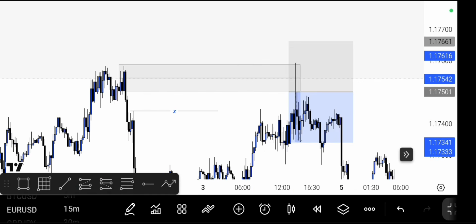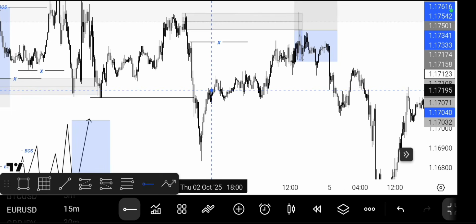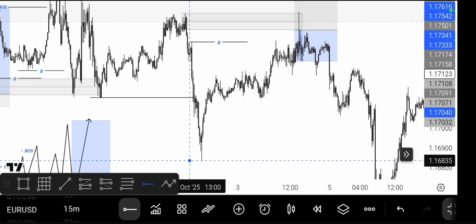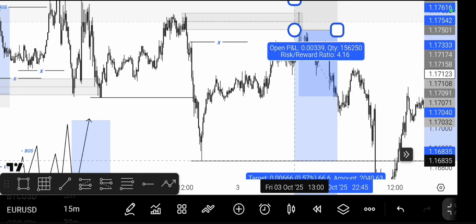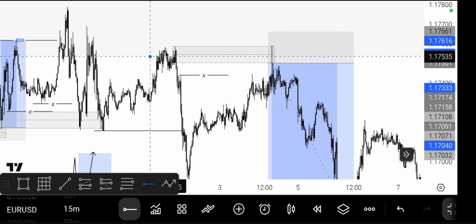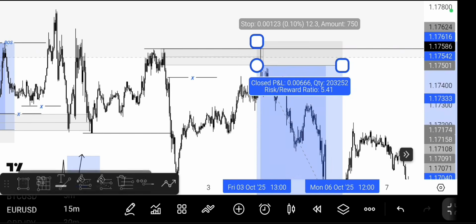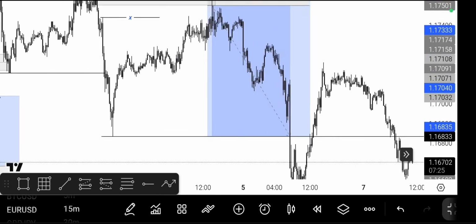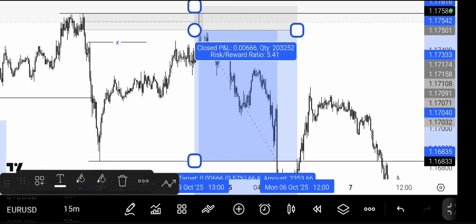So we have a sell right here, and our take profits will be at this zone. Our SL goes all the way above here, just to minimize the risk. So yeah, this is the second one. I didn't take this trade, actually I didn't take it, but that's the trade for it.